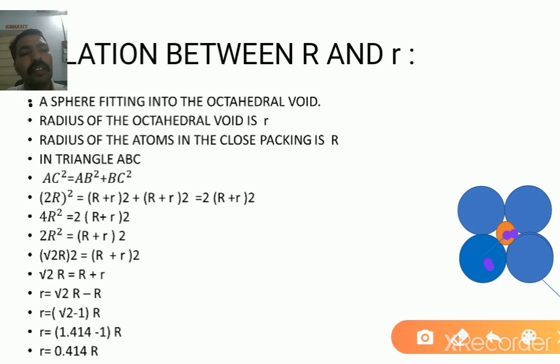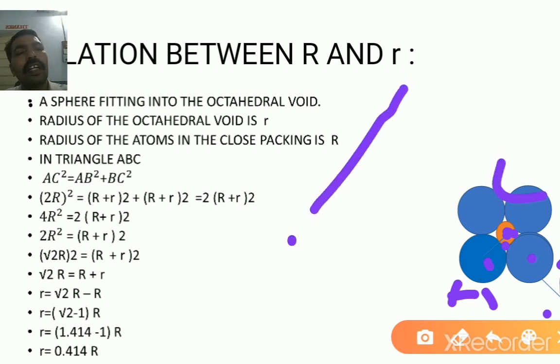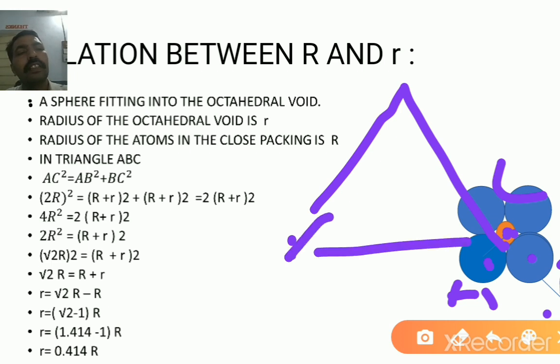This point is A, this is point B, and the center of the octahedral void is C. See the diagram like this.